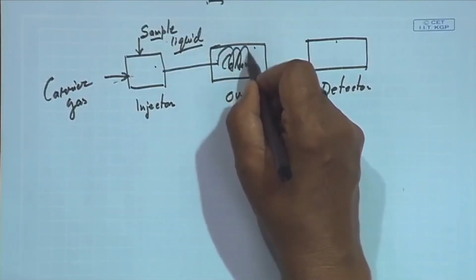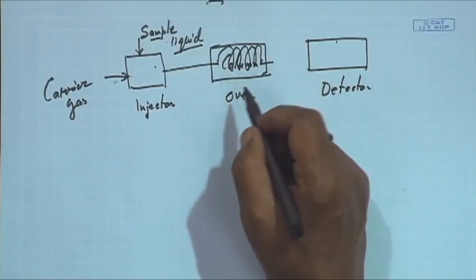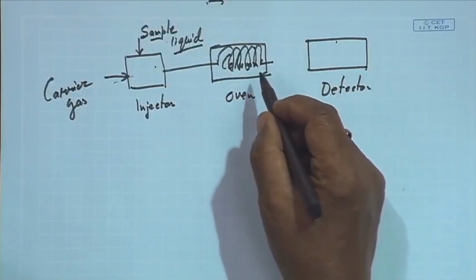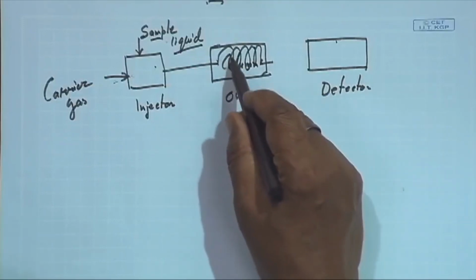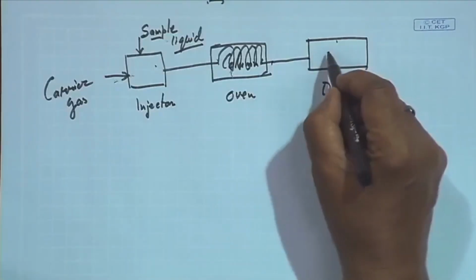So, here I have the column. The column is like this, it may be capillary, it may be a packed column. The column comprises different packing material, and when the sample passes through the column, the different components present in the sample will be separated from each other, and then it comes to the detector.